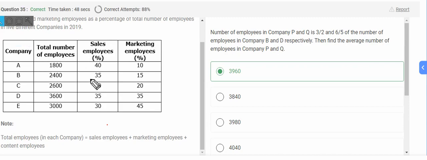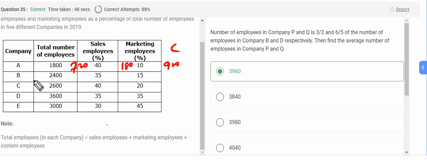Okay, so let's find 40% of 1800, which is 720. 10% is 180, and the rest 50% is for content, so this will be 900.